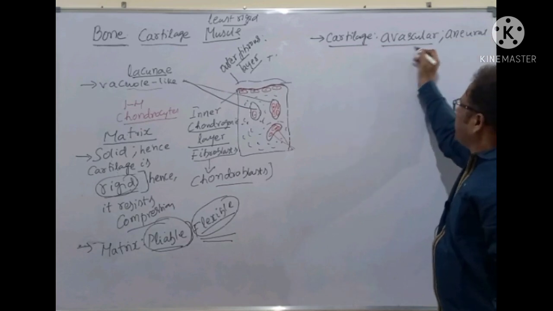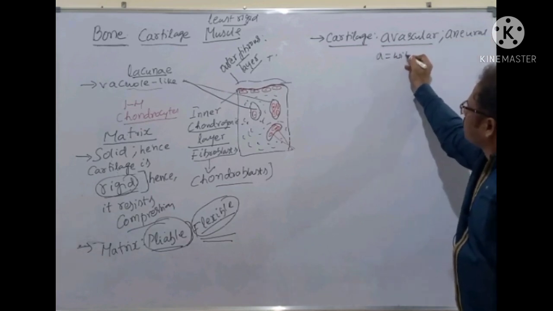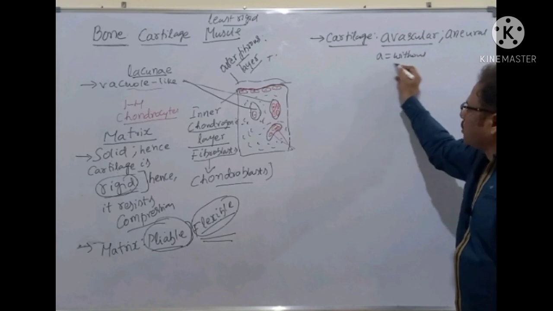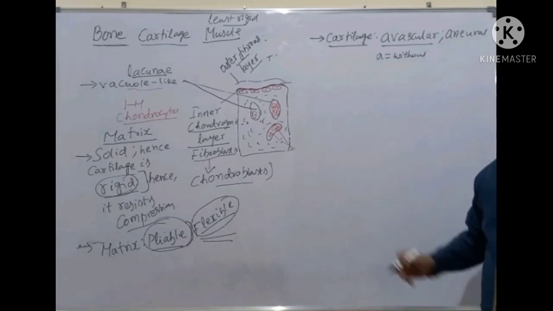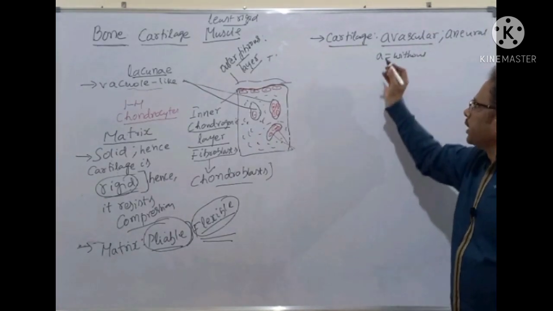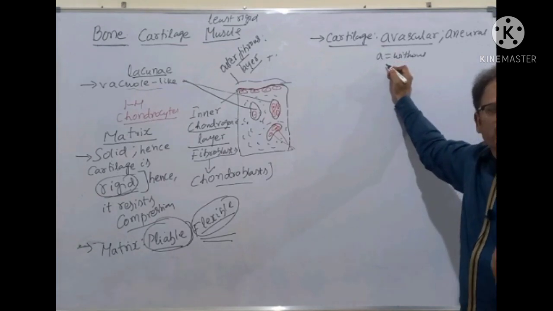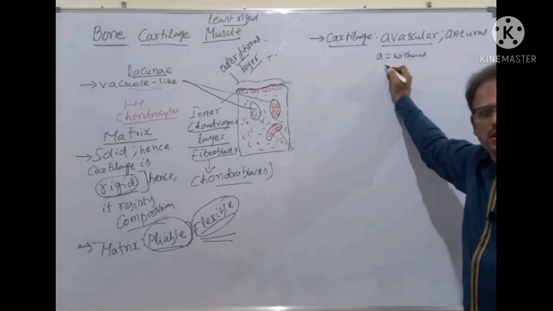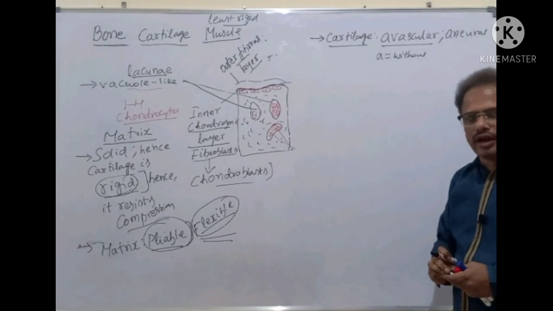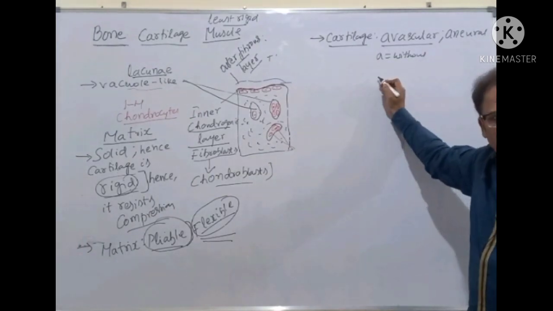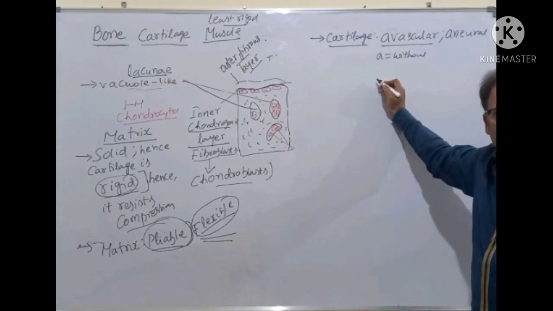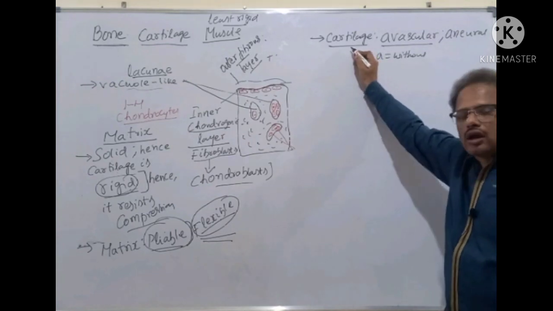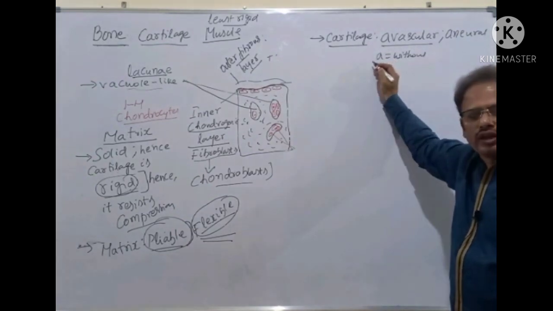What is the meaning of a? A means without. Avascular means no blood vessel supply. The cartilage is avascular. There is no blood vessel and blood supply to the cartilage. Hitherto we discussed in the previous sections that epithelial tissue is also avascular. There is no blood supply for the epithelial tissue also. Likewise, the cartilage is also avascular. There is no blood supply.